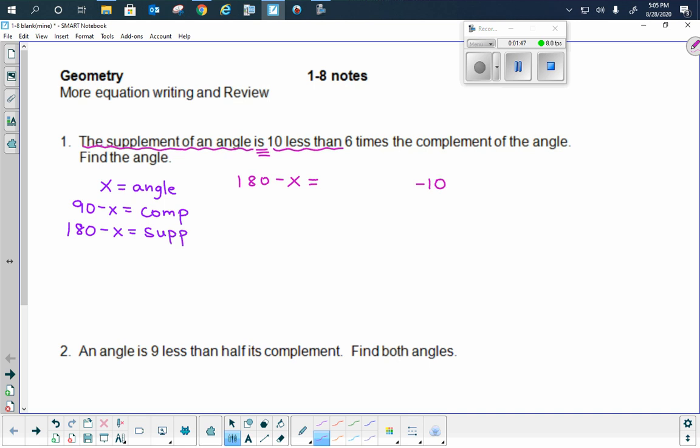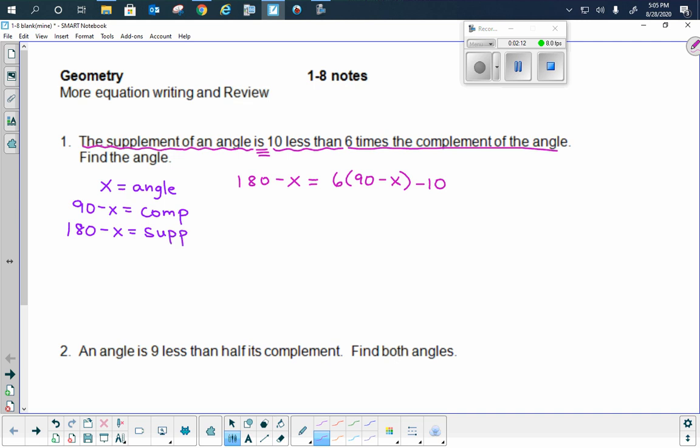The next thing says 6 times the complement. All right, the complement, if you go back to your defining variables, is 90 minus X. So how do you write 6 times that quantity? It needs to be in parentheses. So on a quiz, I could just ask you, just set up your equation. That would be it. Okay.